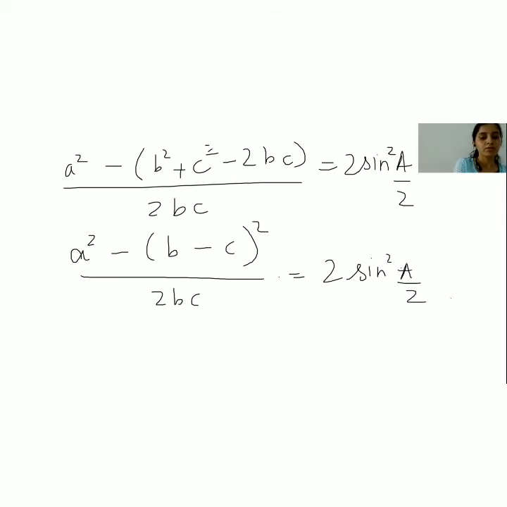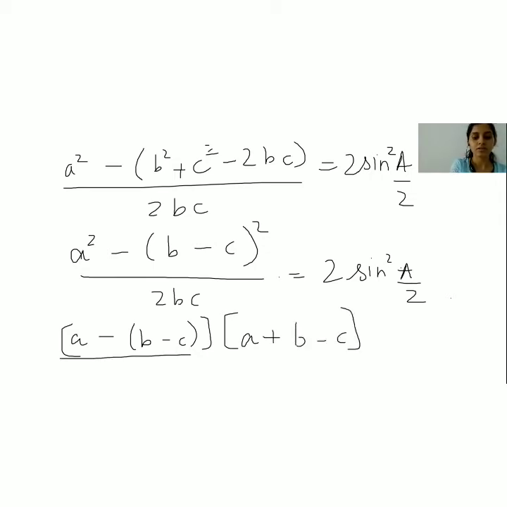Then we can use the second identity, that is A square minus B square is A minus B, A plus B. So here it will be A minus B minus C. Okay, this is your first bracket. Second bracket, A plus B minus C, right, upon 2BC is equal to 2 sine square A by 2.